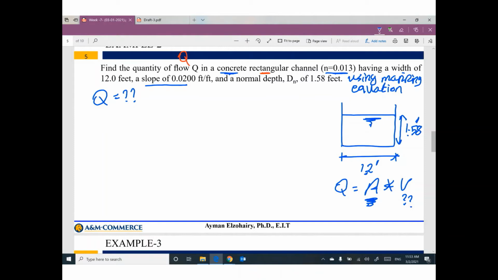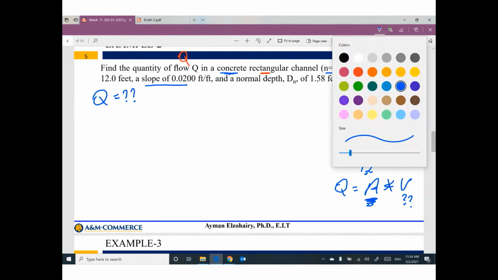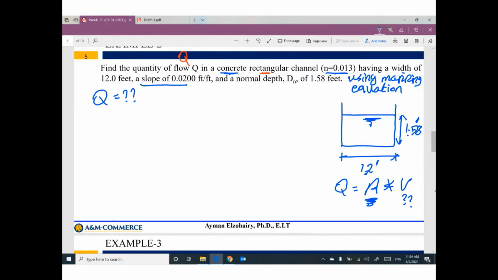We have only the dimensions of the cross section and the slope of the channel, nothing else. So the only way to figure out discharge is using the Manning equation. Q equals K divided by N, area, hydraulic radius to power 2/3, slope to power 1/2.